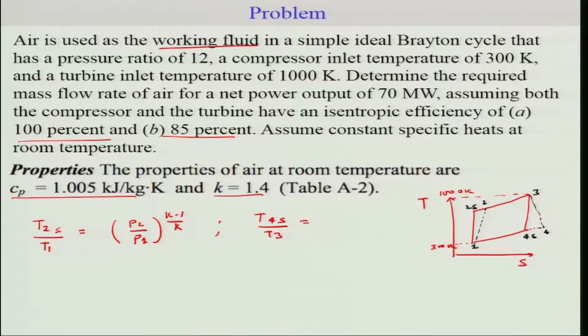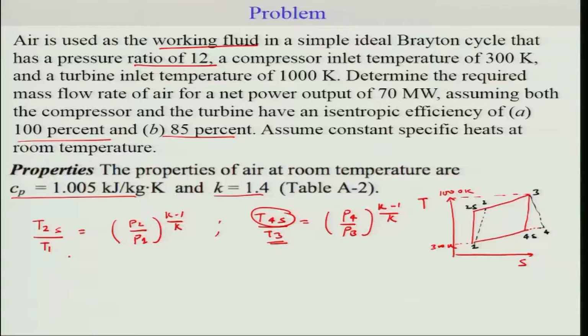We don't know T2S, but we are aware of the pressure ratio. Because the pressure is constant, P2 over P1 is 12, so we are aware of the pressure ratio, hence we can calculate T2S. Similarly, we can calculate T4S because we know T3. We use this information to evaluate these temperatures.